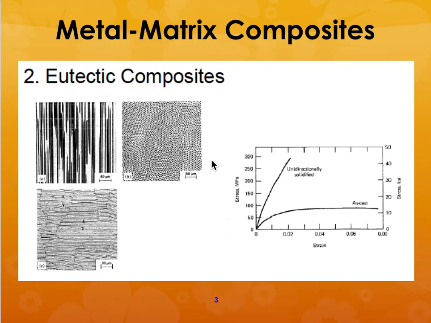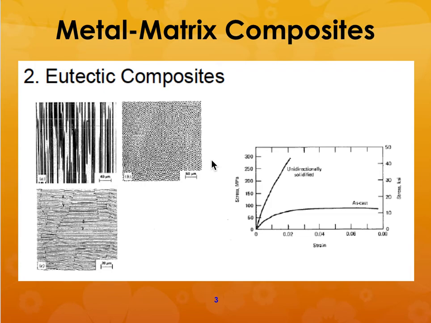So when you combine them at a certain percentage, you get a combination that is of a lower melting point than the two. And while it is forming, it also reinforces the other material. And it can form fibers or different phases that reinforce the matrix material.